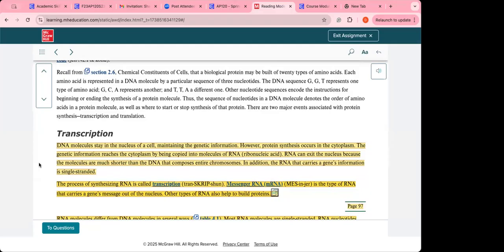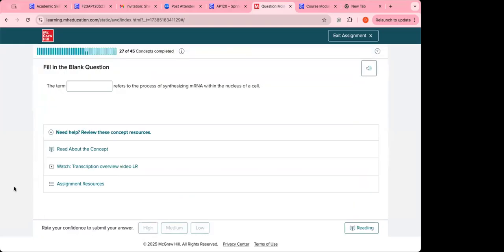The process of, okay, what was the question again? Go back to the question itself. The term blank refers to synthesizing mRNA.